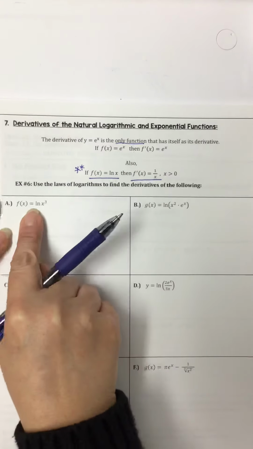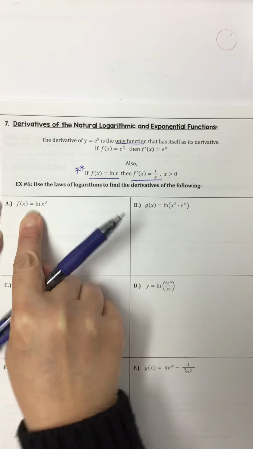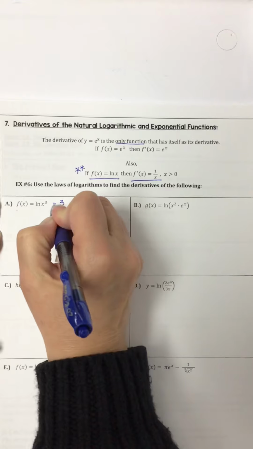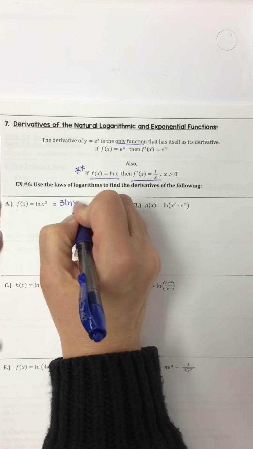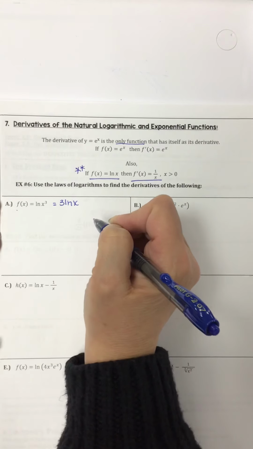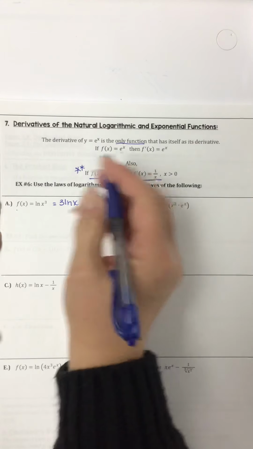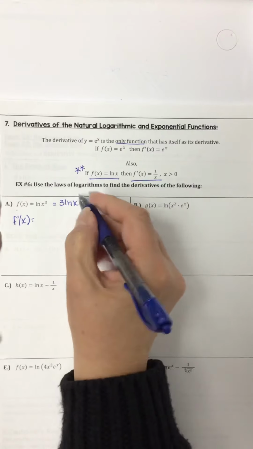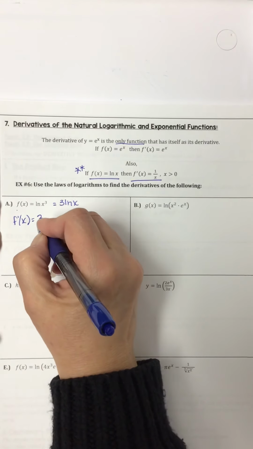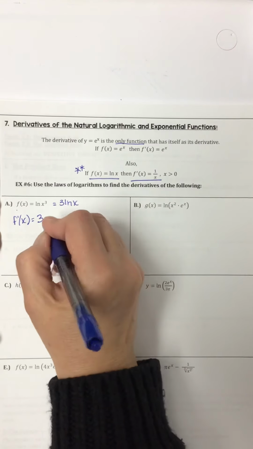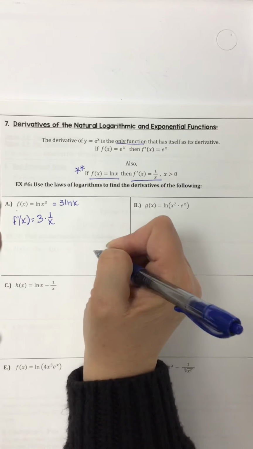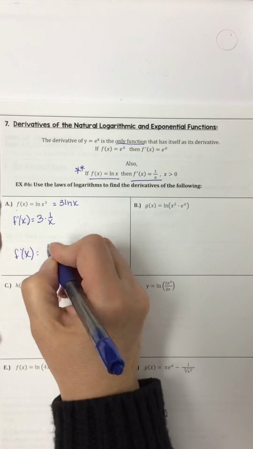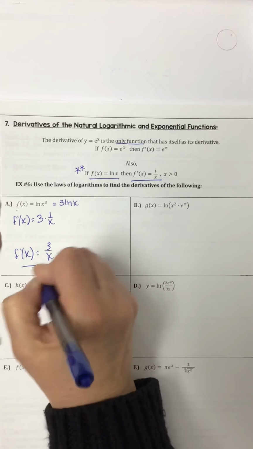All right, so looking at this one, I'm going to rewrite this as 3 ln of x. Yes? So then the derivative of f of x, we still have the 3, right? The derivative of ln is 1 over x. So the derivative of f of x would just be 3 over x.